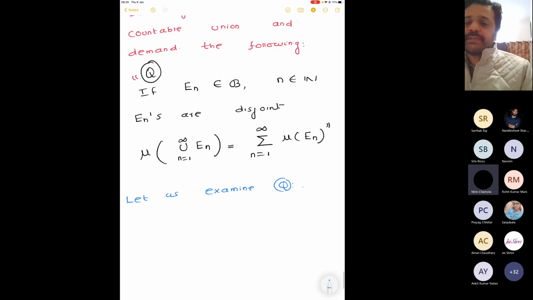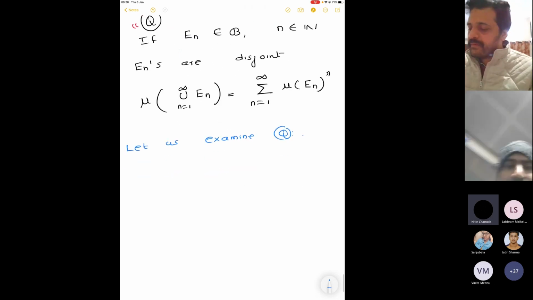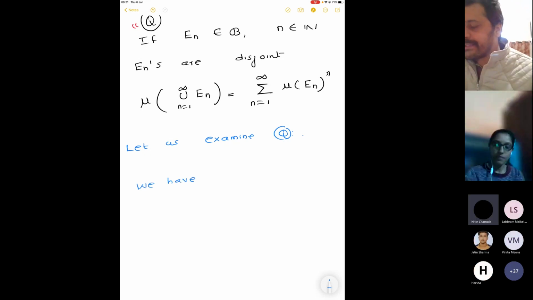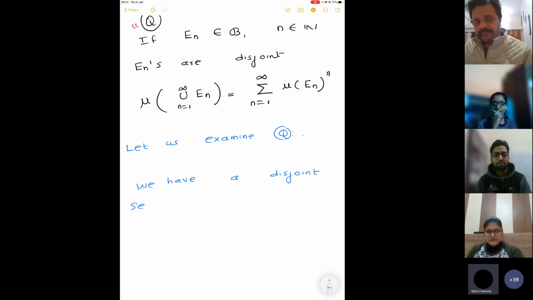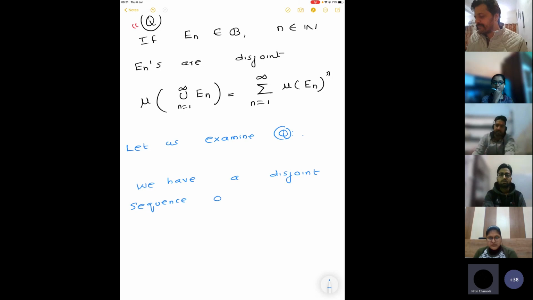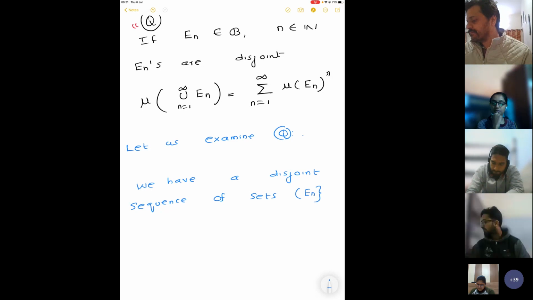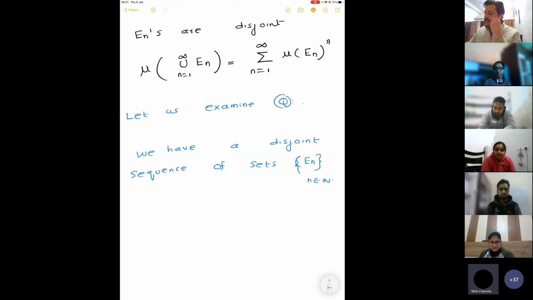So what you are asking in Q is, you have a disjoint sequence of sets, En, n in N. When I say disjoint sequence, they are pairwise disjoint.